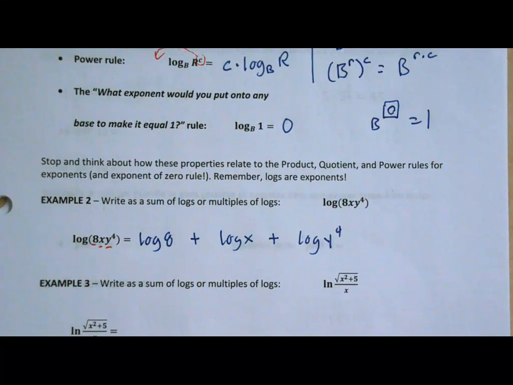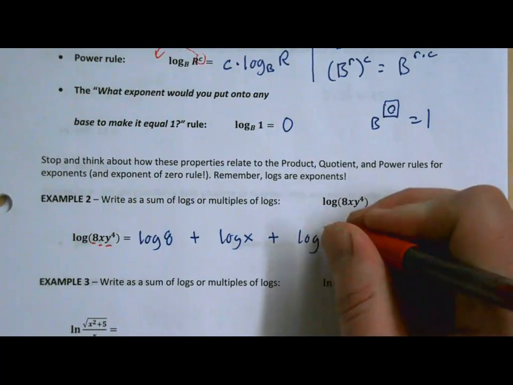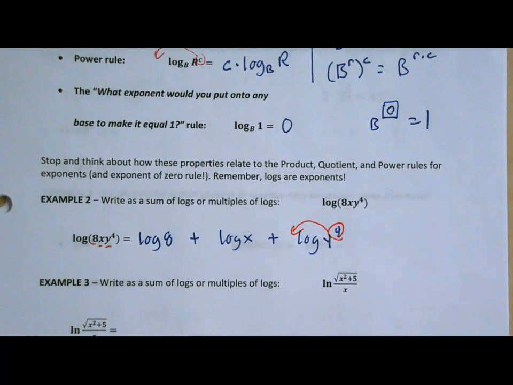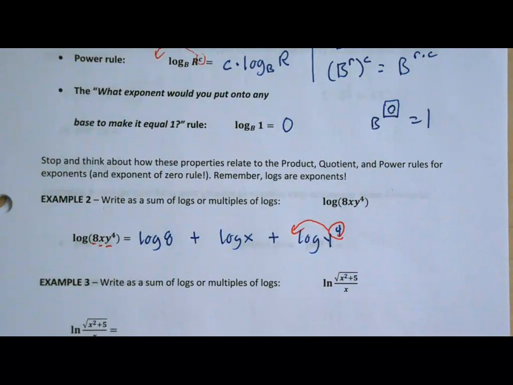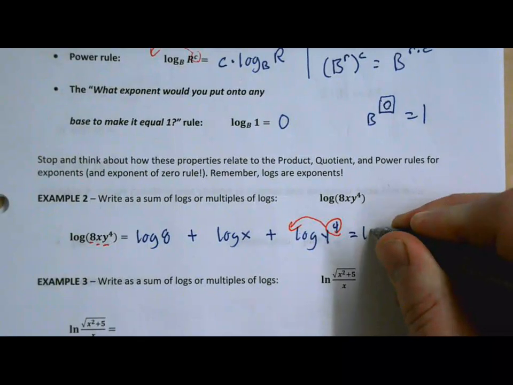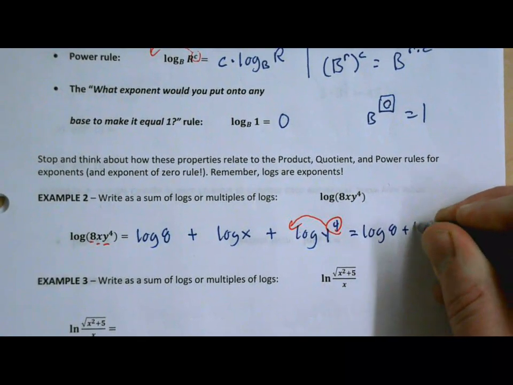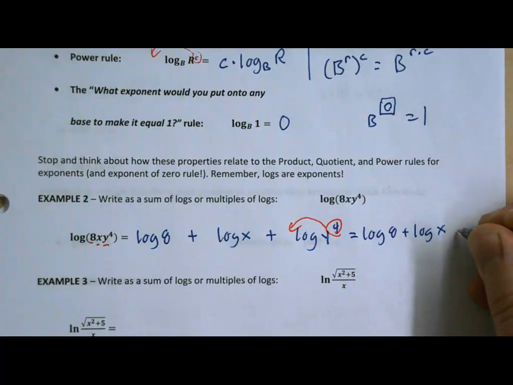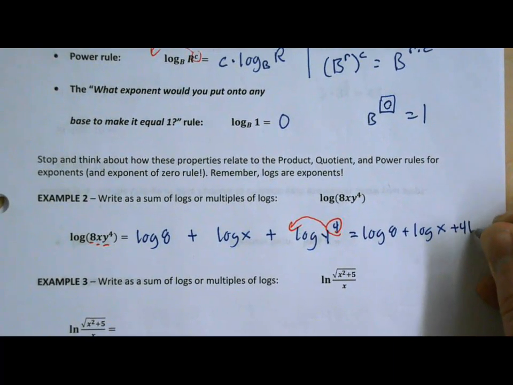And we're going to go one step further just to clean this up. When we do this, typically we do not want exponents inside of a log. So we'll bring that exponent to the outside. My final answer would be log of 8 plus log of 10, or sorry, log of x plus 4 log y.